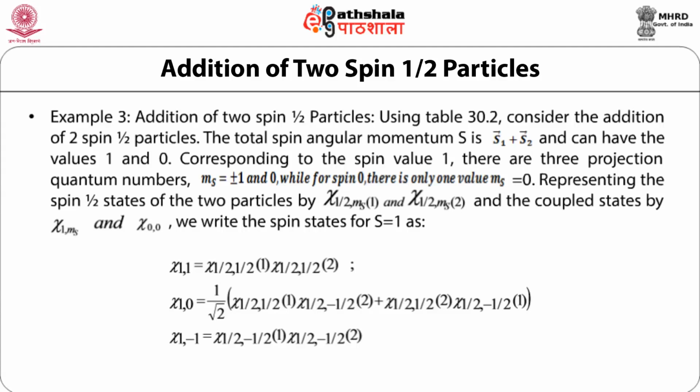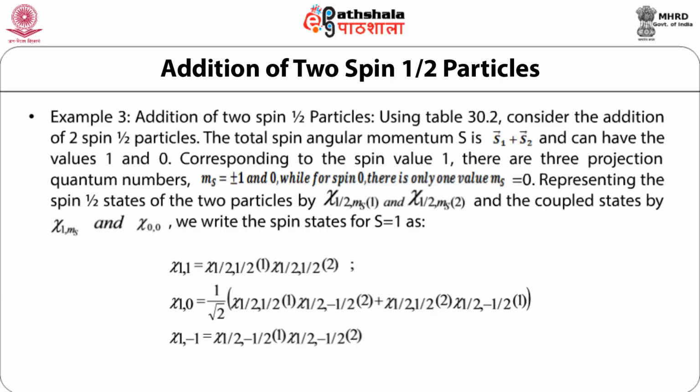Now corresponding to this value of the total spin angular momentum 1, there are three projection quantum numbers for ms, because as we know, the spin magnetic quantum number ms has a number of values given by twice s plus 1.